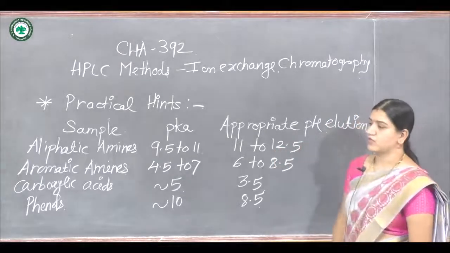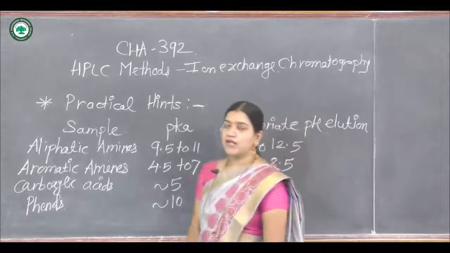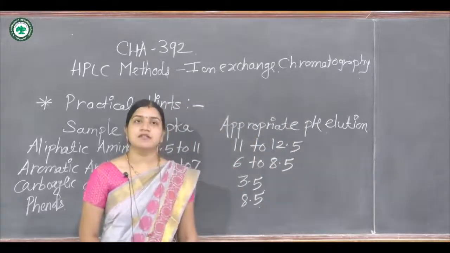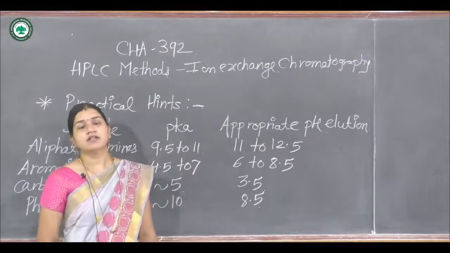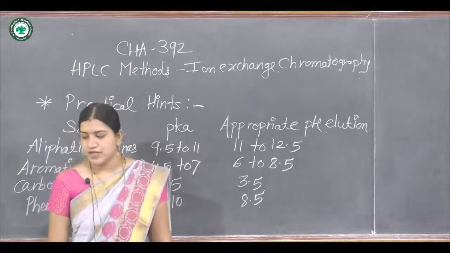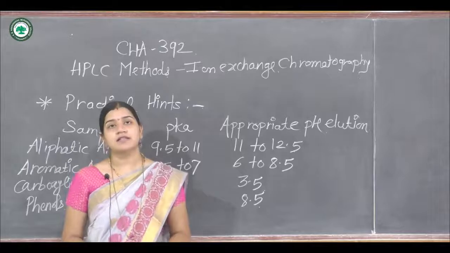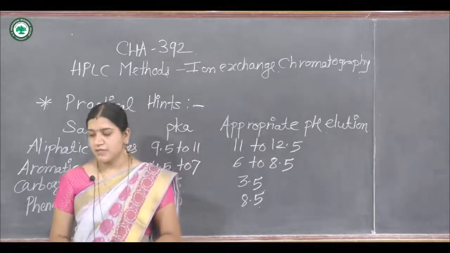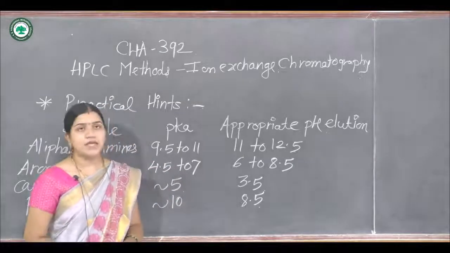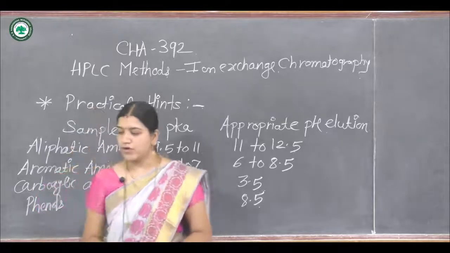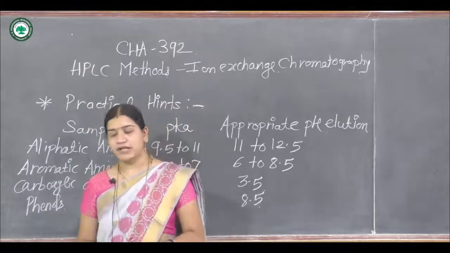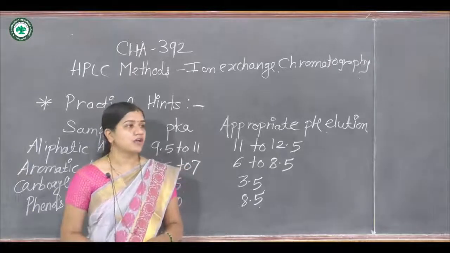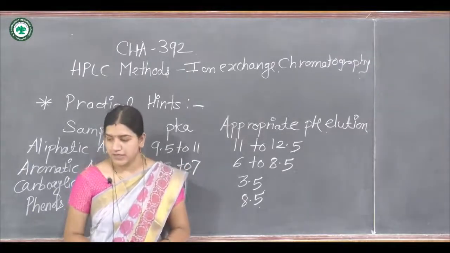Now the mobile phase pH is also very important. We have to consider the pH of a mobile phase with respect to the acidic strength as well as the basic strength. So the pH value should be 1.5 units higher than the pKa value in the case of a cation exchanger, so that the separation can be carried out.